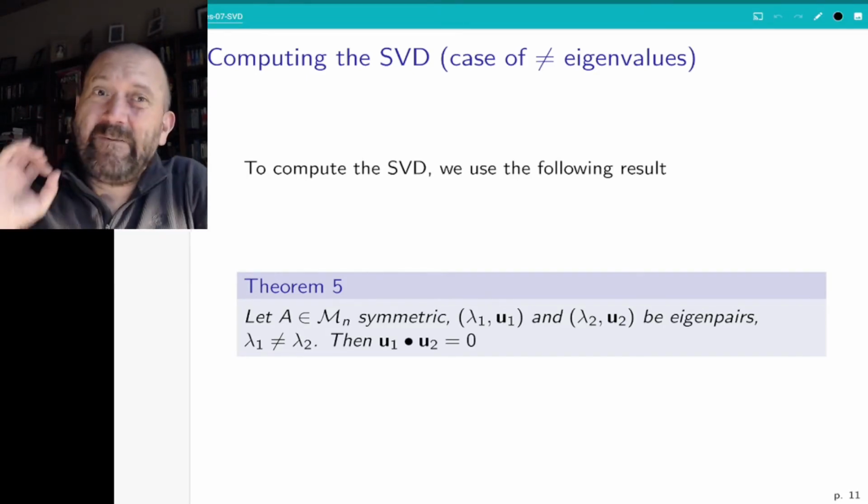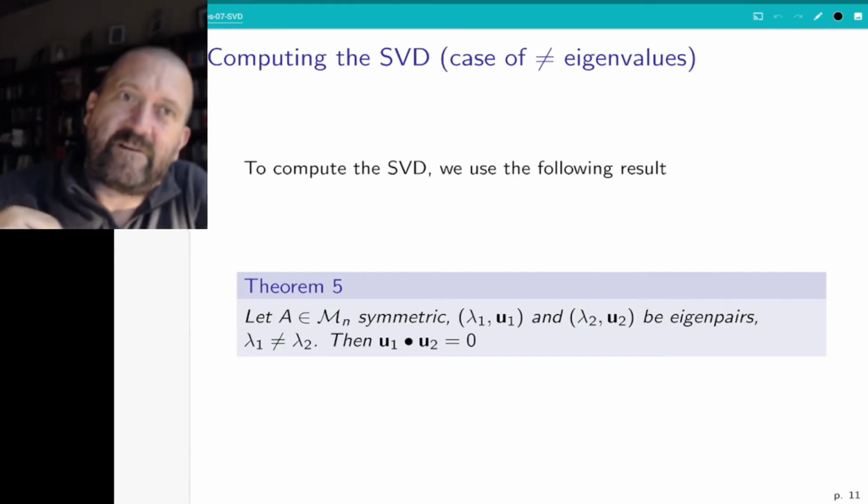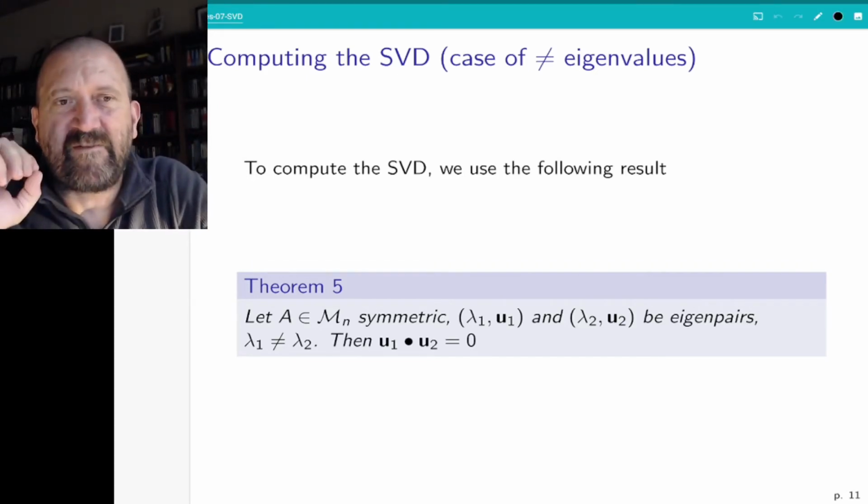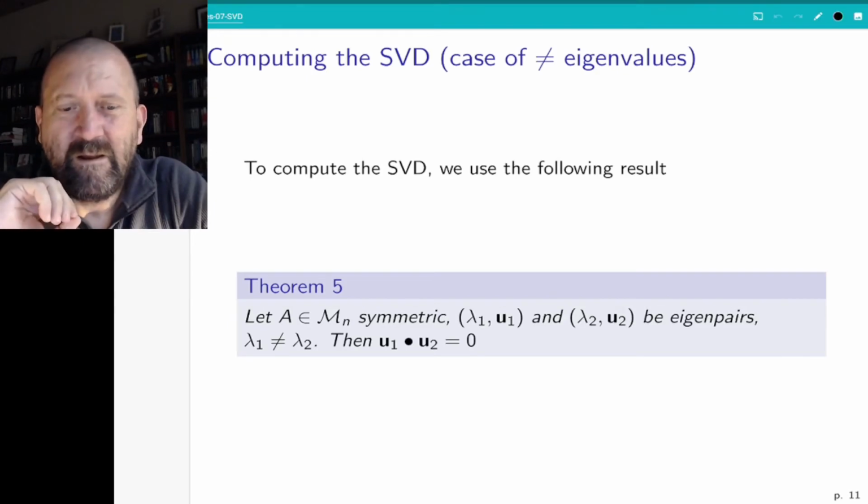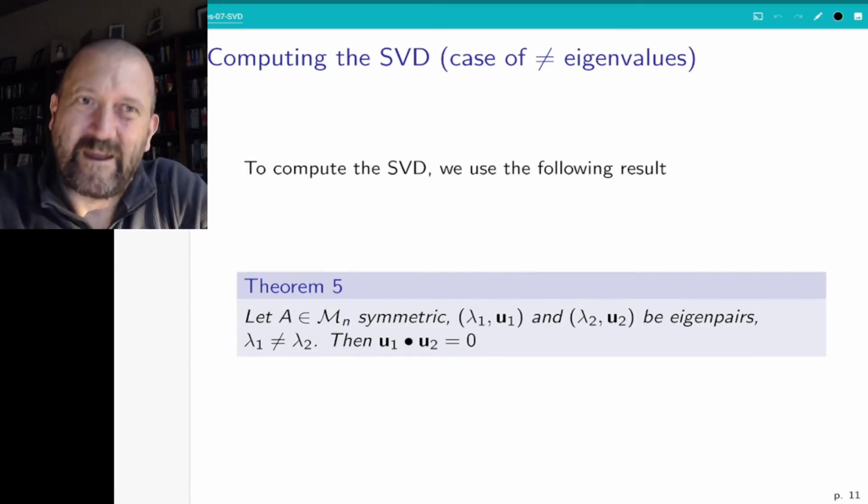Okay, so in the case where the eigenvalues are distinct, then there is this other theorem that I'm going to show you because I think it's a simple proof, but illustrative.